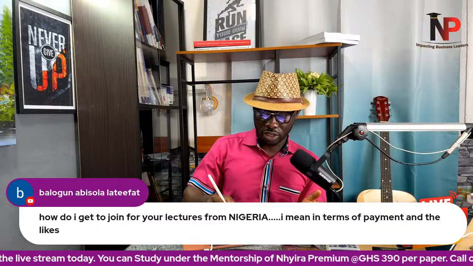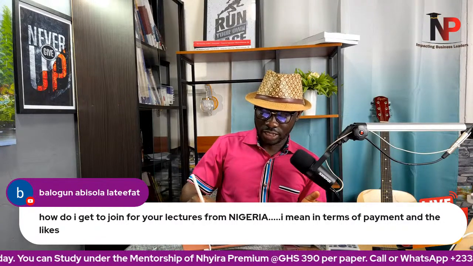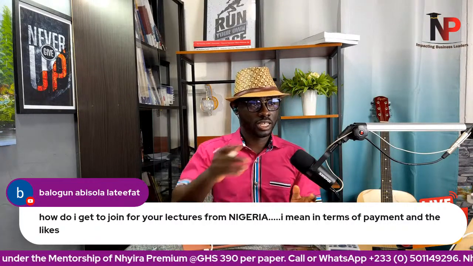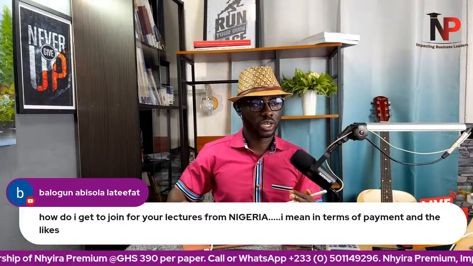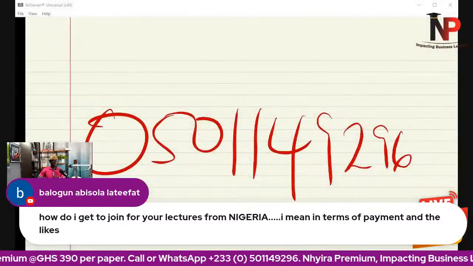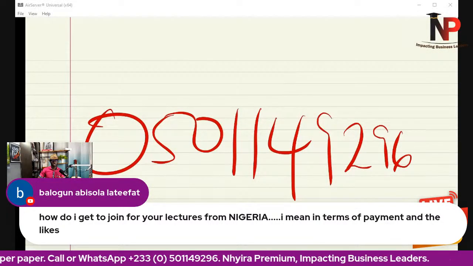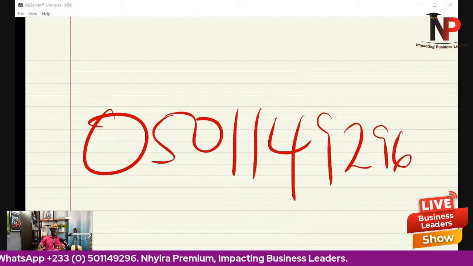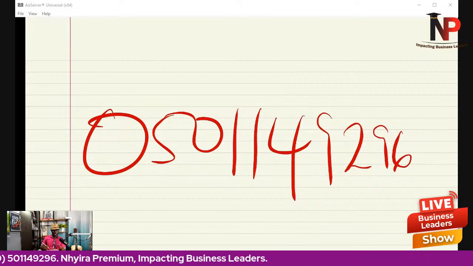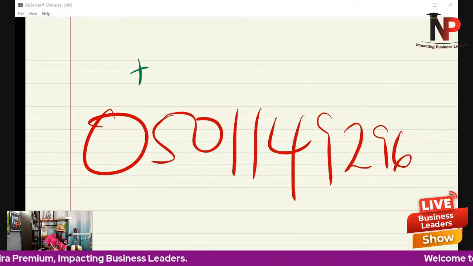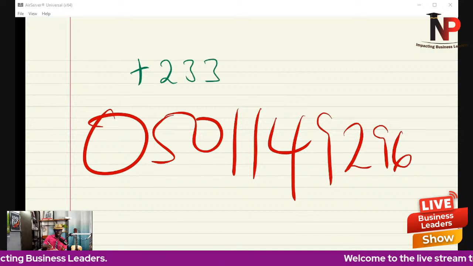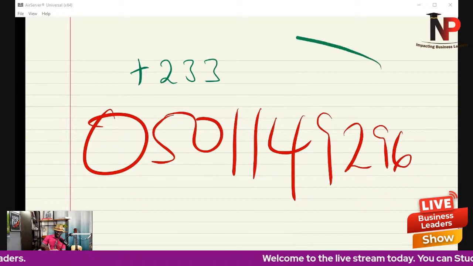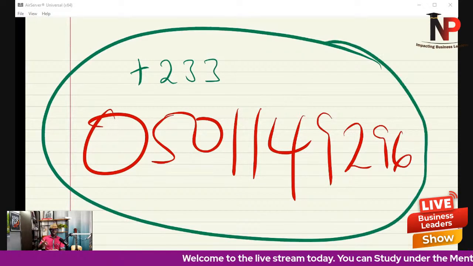You go to the Google Play Store and search for Nhyira Premium, and the same name on the channel here, and you'll be able to get access to our online content. Alternatively, you can send us a message on WhatsApp. This is the number 05011499296, and you'll be assisted. If you're outside Ghana, the country code is +233. So you send us a message on WhatsApp. Details will be given to you.